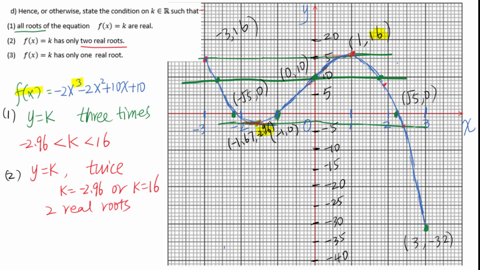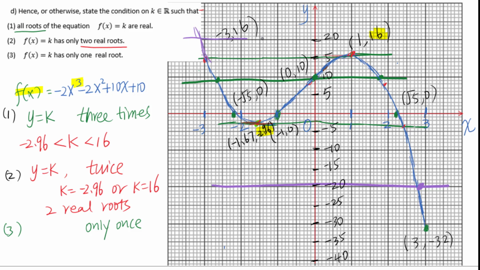For number 3, f of x equals k has only 1 real root, which means the horizontal line y equals k will cross y equals f of x only once. If I draw a line like this, I have only 1 intersection.